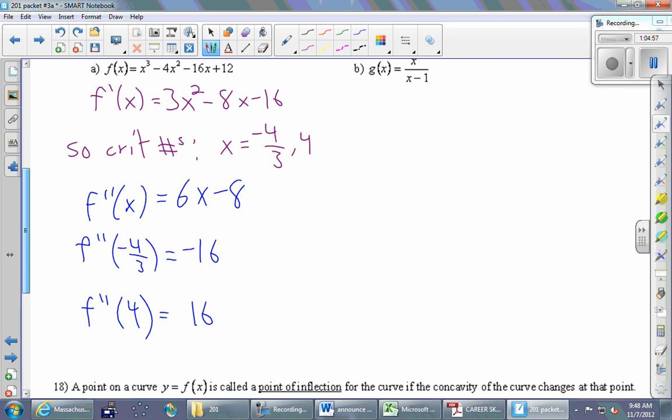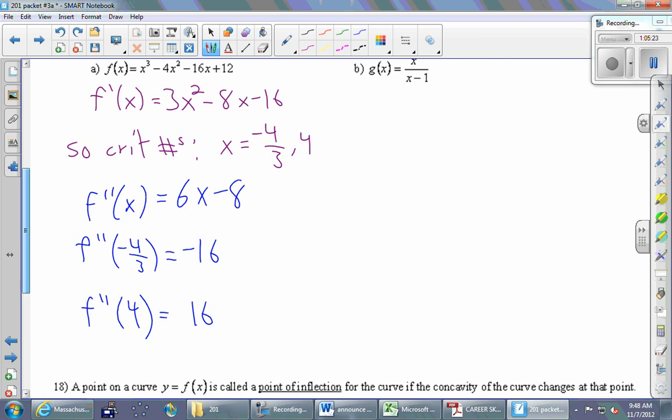But all I care about is concluding whether you have a max or a min at each of these points. When you plug negative 4/3 in, this becomes -8, and then you subtract another 8.